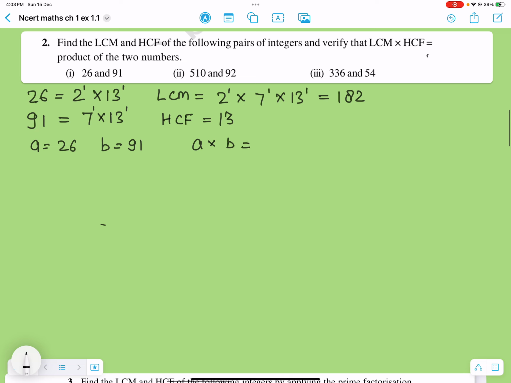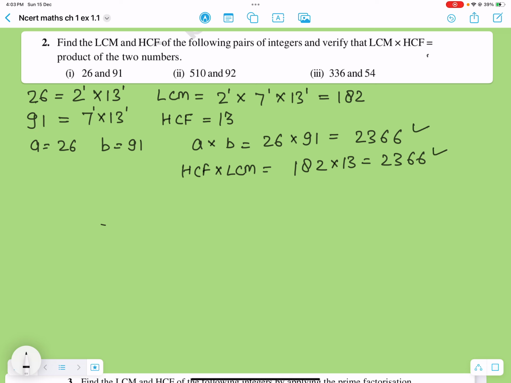A multiplied by B becomes 26 multiplied by 91, and this will be 2366. And if we multiply HCF by LCM, then it would be 182 multiply 13, and that will come as 2366. So we have also verified that the product of two numbers is equal to the product of their LCM and HCF, right? So this is the verification method that we have used here.